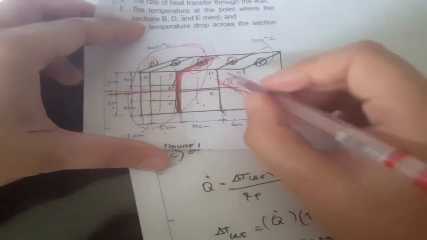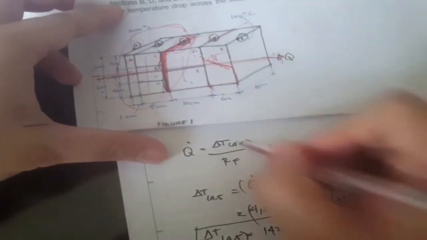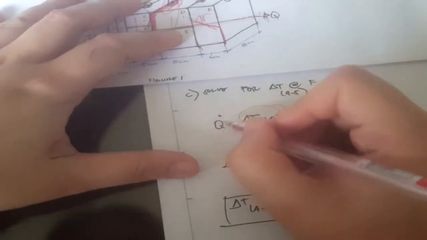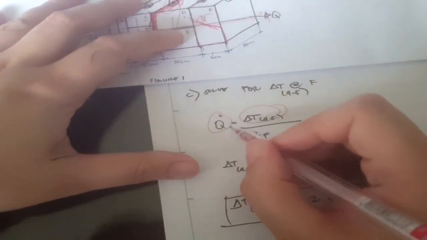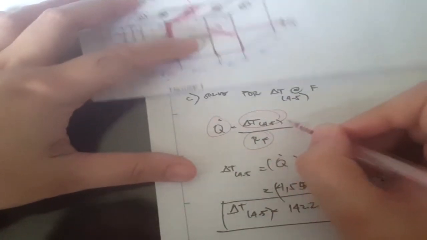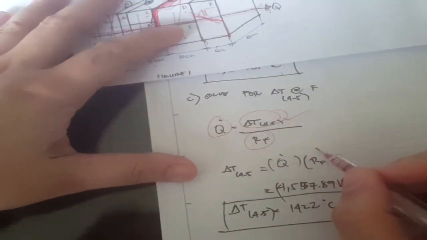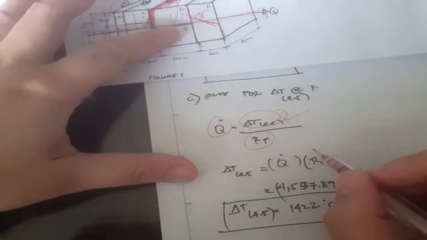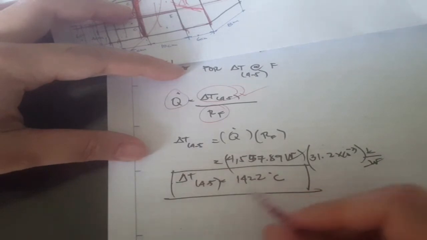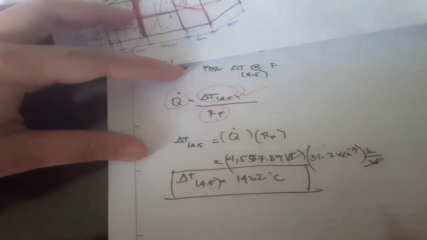So we have delta T from point 4 to 5, or at material F. This is our unknown. Since we already know the value of Q and our RF, we can easily find the delta T, or the temperature drop across section F. By having that, delta T is equal to 142.2 degrees C.